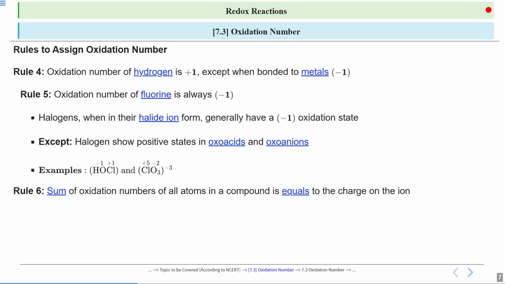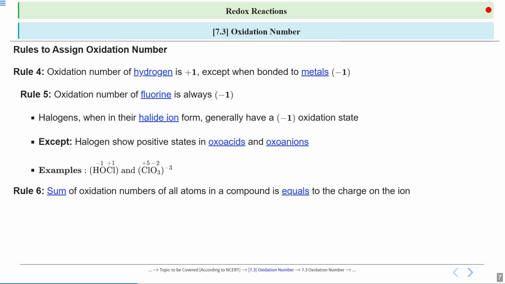That means if you add the oxidation numbers of all the atoms present in a compound, like H2O, the sum of the oxidation numbers of hydrogen and oxygen will always equal the charge present. So the algebraic sum of the oxidation numbers of all the atoms in a neutral compound comes out to be 0, while for a polyatomic ion, please note, the sum must equal the charge on the ion.